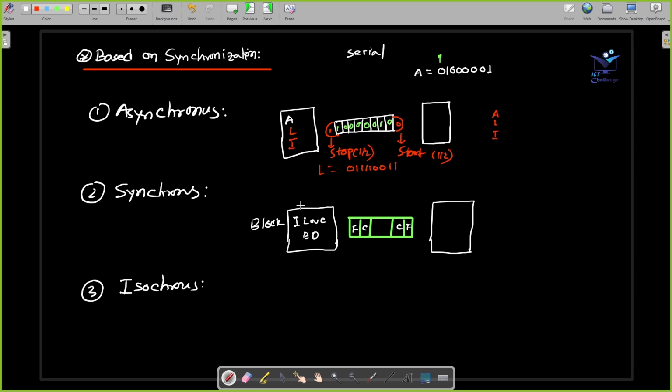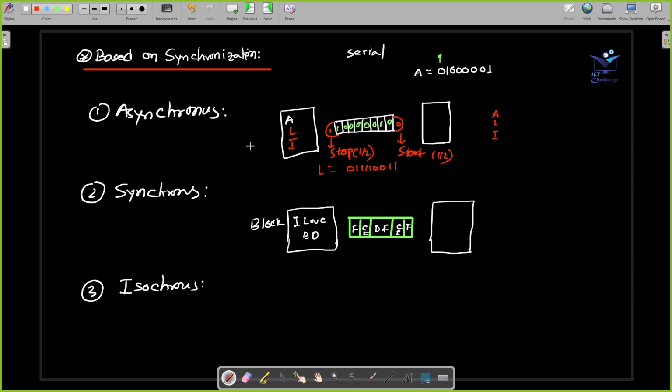That means we have to make sure something transfers all the characters from one block to another block. So here we need a flag. After that, we need a control field, then a data field, then another control field, and finally a flag. In this way, a block is transferred from one device to another device.